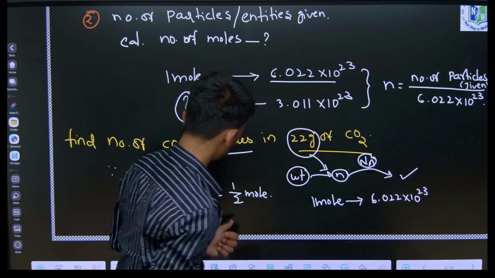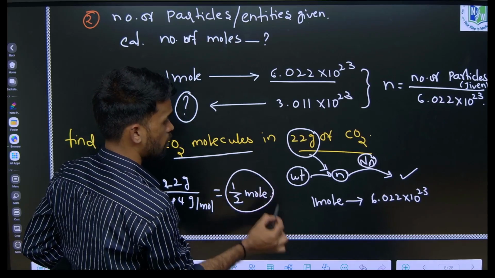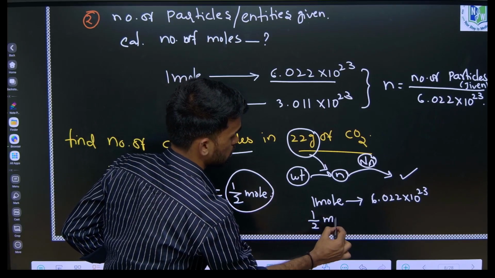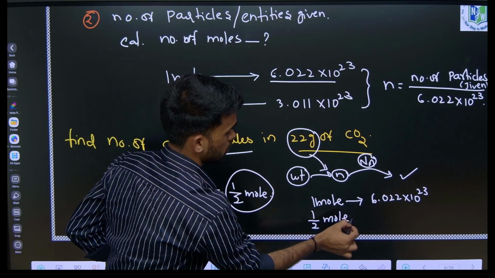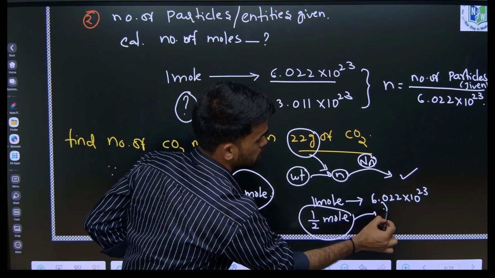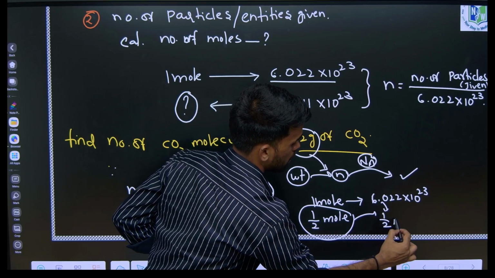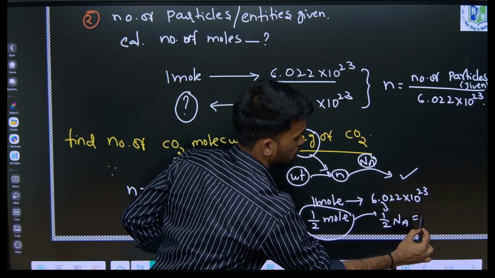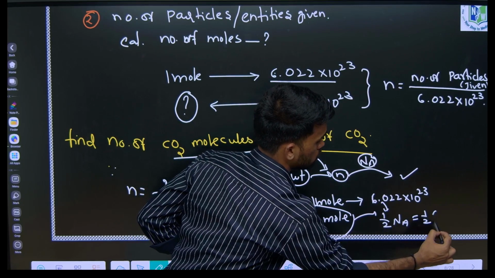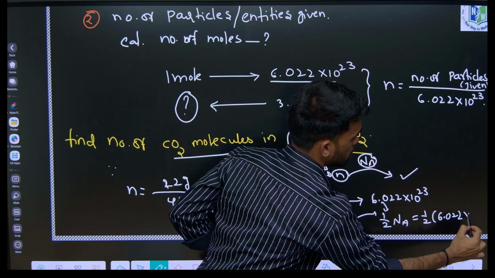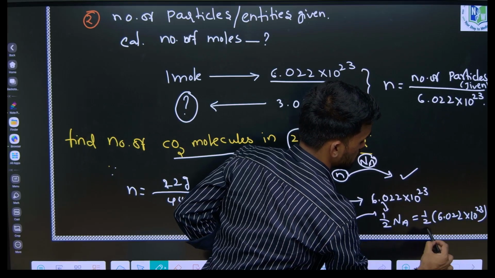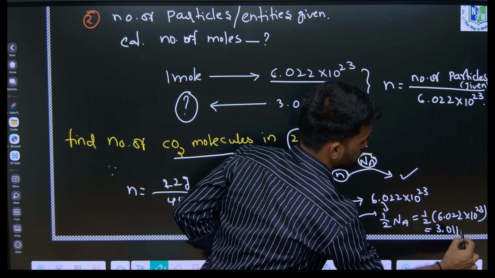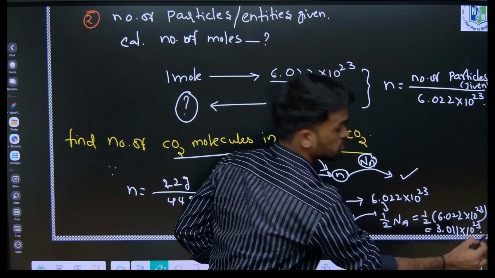But here we got half mole, so half mole means half of this number. That is half Na, or you can write half into 6.022 into 10 power 23. That is nothing but 3.011 into 10 power 23. So this will be the answer.